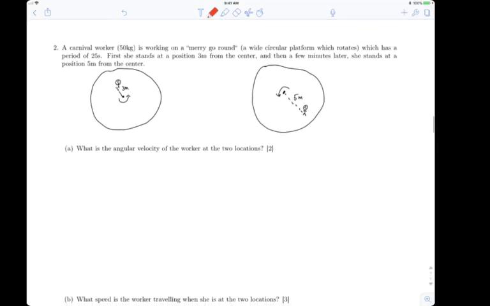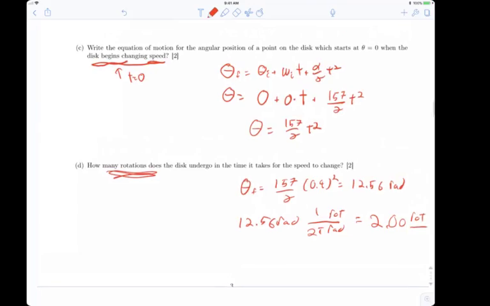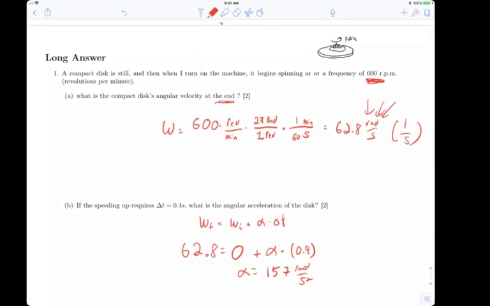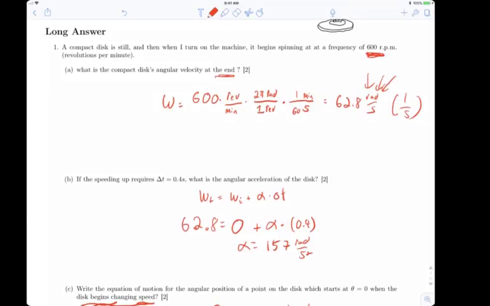Carnival worker, 50 kilogram, merry-go-round question. Okay, so I'm going to emphasize, if you're coming in late and watching this, we did a question just like this. Actually, before I go on, when we did this question, we didn't have any idea about torque and any idea about moment of inertia.